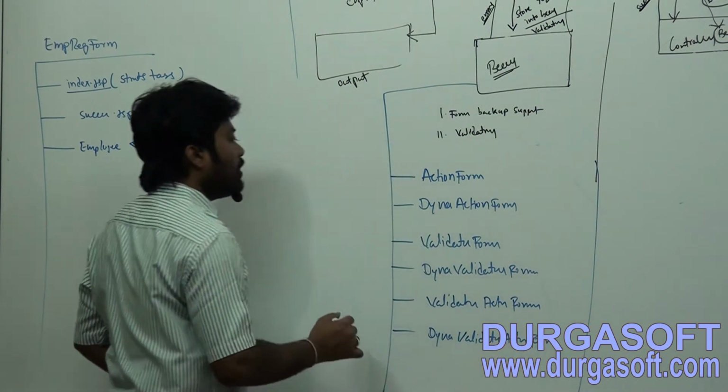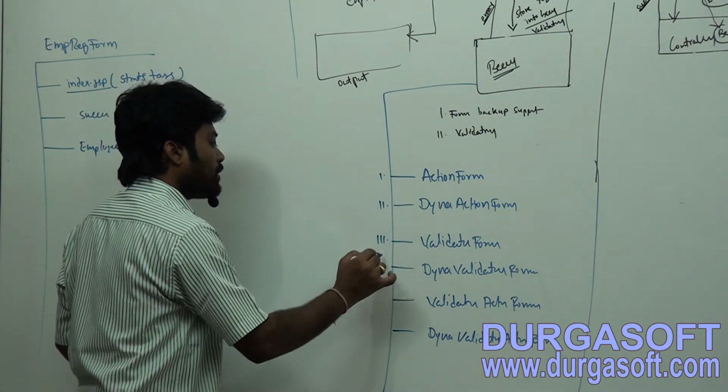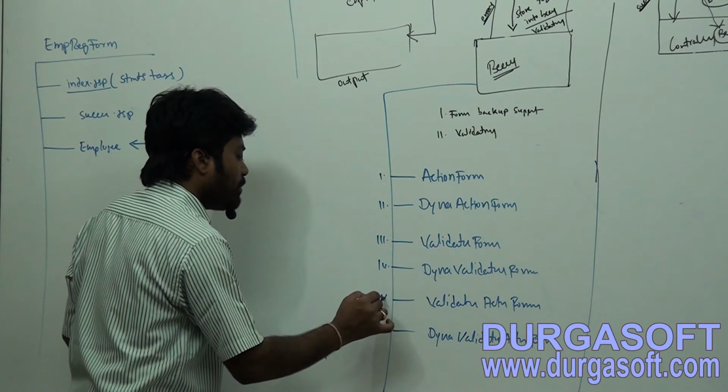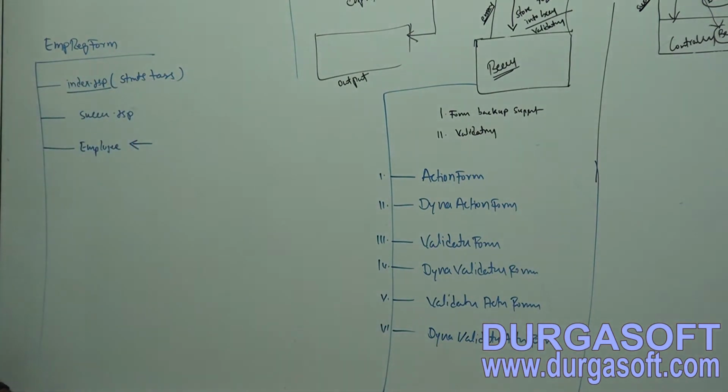So by using any one of these classes, you can implement your bean class. From the 6 classes you can use anything.